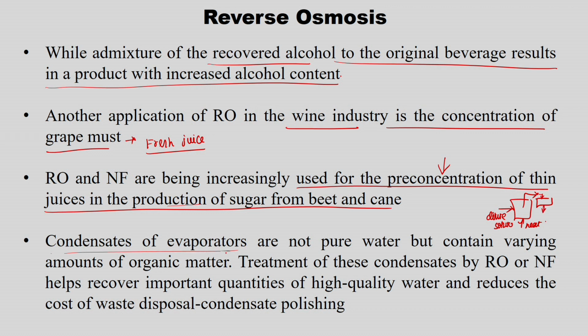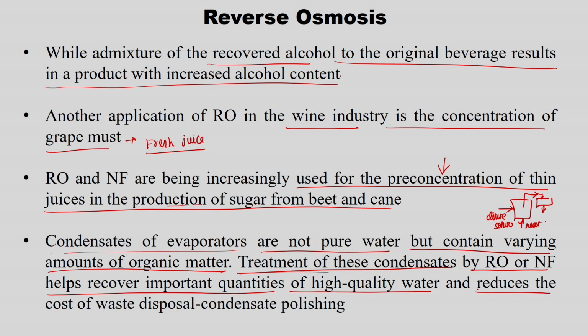So, the condensate of evaporators are not pure water, but containing varying amount of organic matter. So, when the water evaporates, it also carries some of the organic matter, we cannot say that is pure water. So, the treatment of these condensates by RO or NF helps recover important quantities of high quality water and reduces the cost of water disposal.